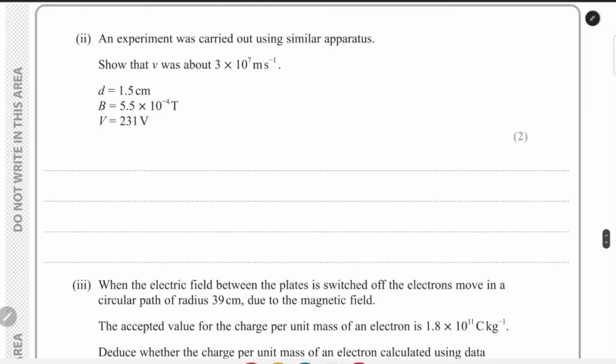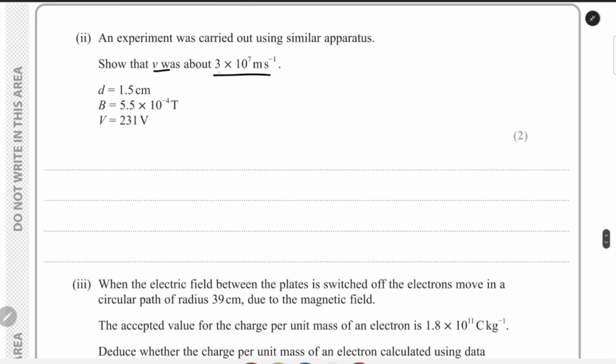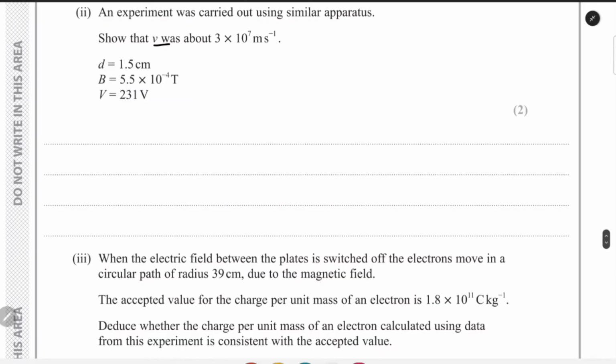Now we are given an experiment using similar apparatus. We have to show that the value of v is 3 times 10 to the power 7 given the other values. So we'll just use the equation we had. The velocity is V, which is 231 volt.